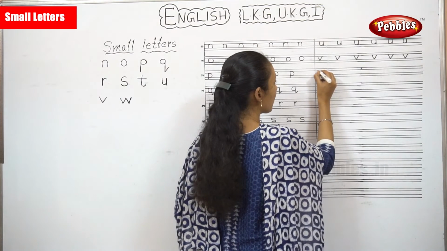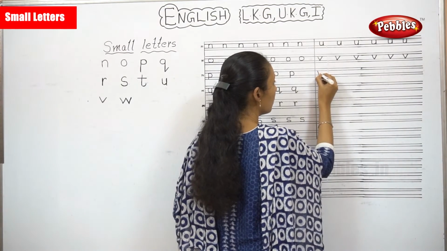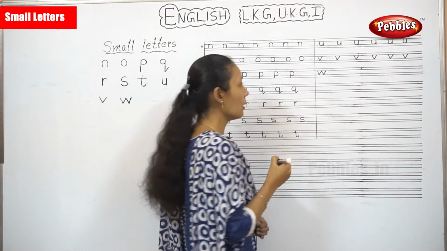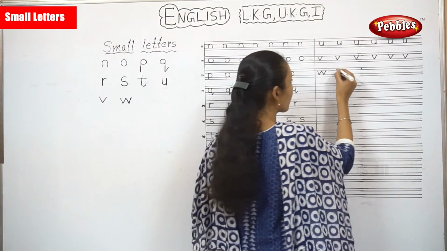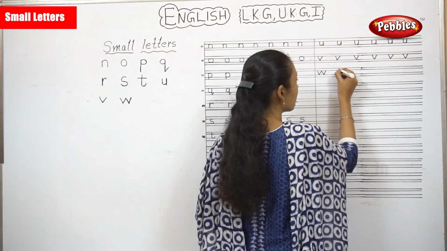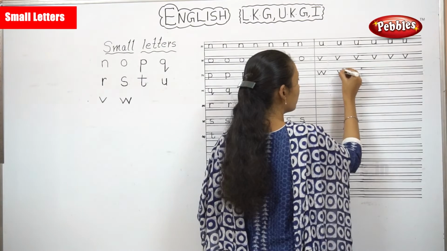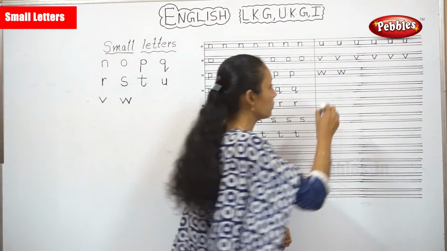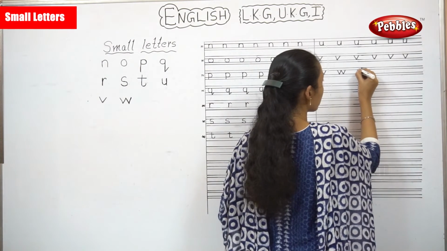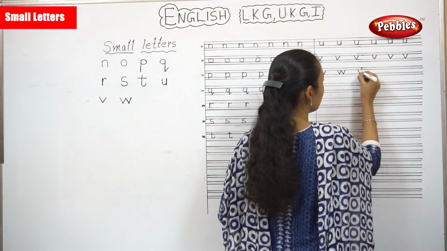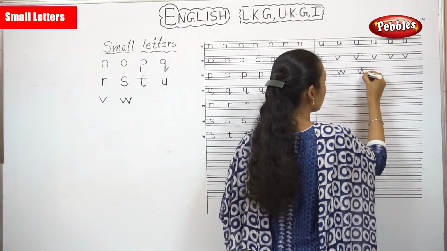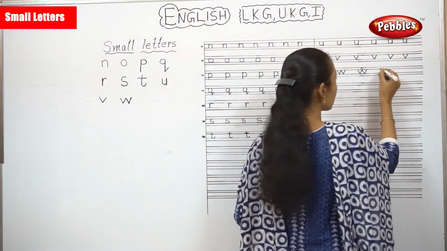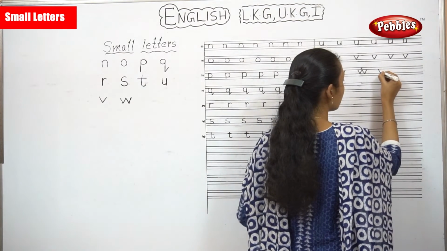Same way, you start from the second line, come down, go up, come down and go up, small W. Again, start, come down, up, come down and go up, small W. It's also like a zigzag, isn't it?